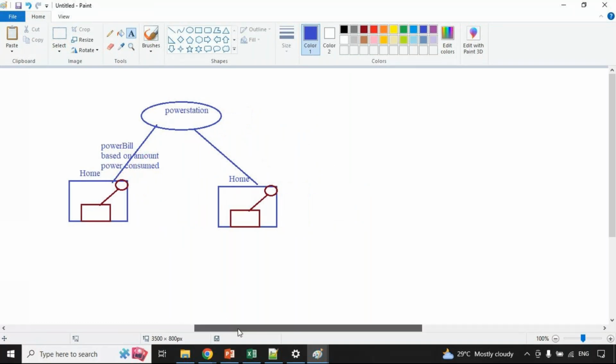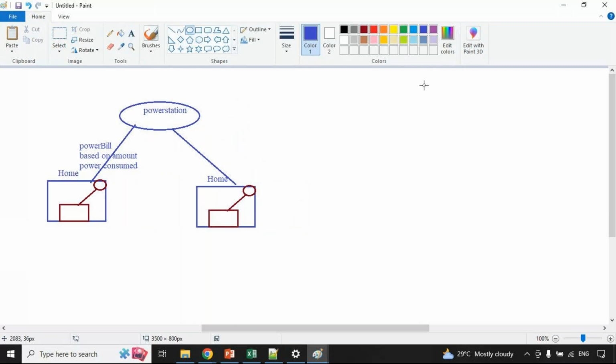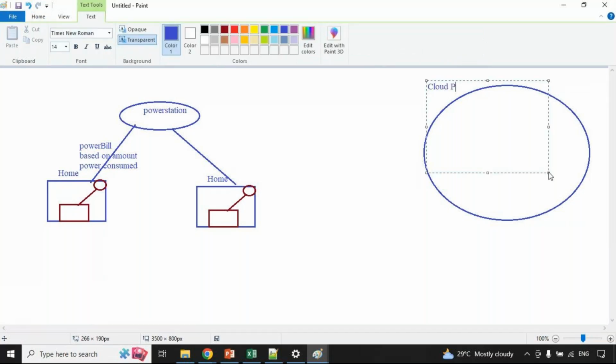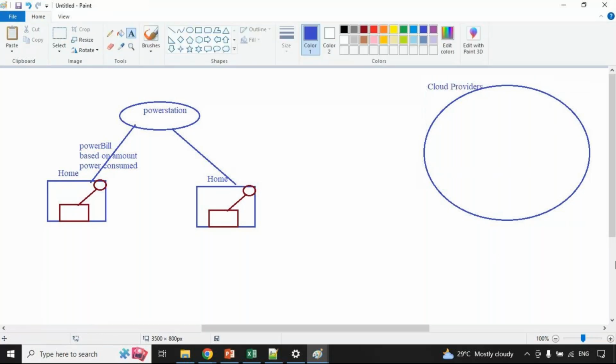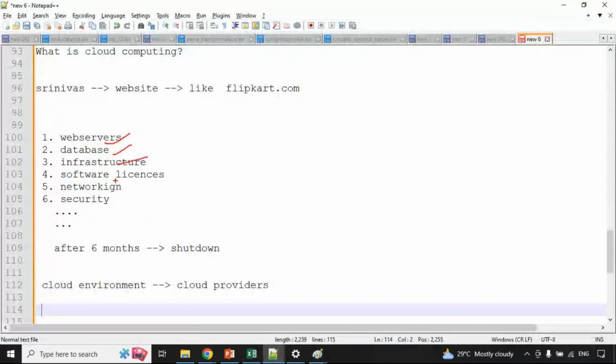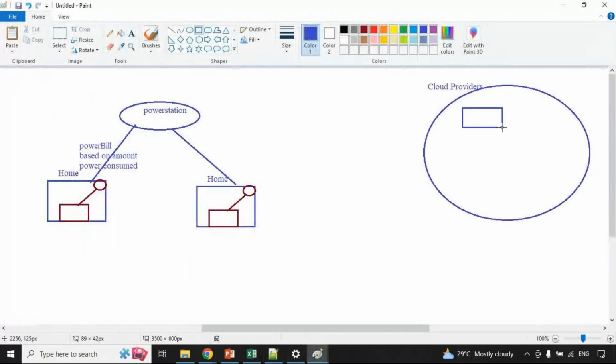In a similar way, in the cloud environment, there are cloud providers. Whatever services you require, they are going to provide all those services.